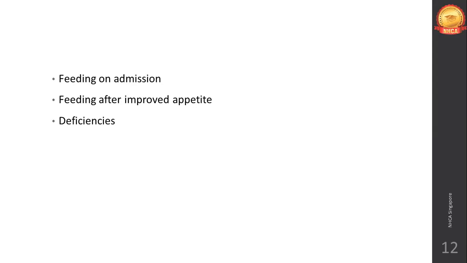If the child is older than 1 year, 2 lakh international units of vitamin A is given on the first day of admission to hospital. Day 2 also, the same dosage has to be maintained. And after 2 weeks, the same dose based on the age of the child has to be given again.